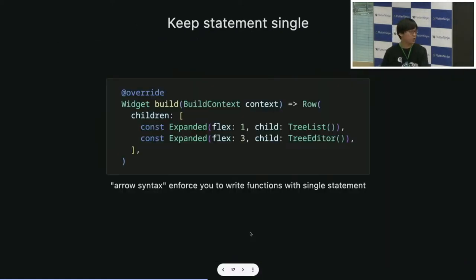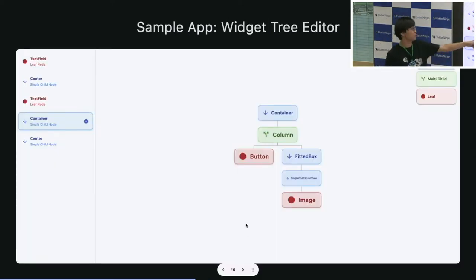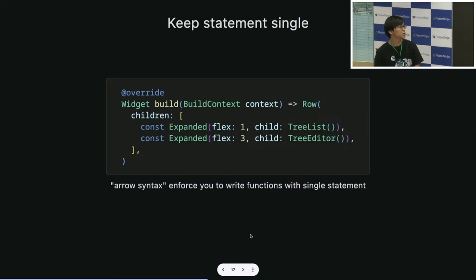We have two panes of the previously explained sample app: the list here and the editor here. Our build method of this app looks like this. This build method returns a Row widget, and it consists of the widget tree, the list view and the editor view.